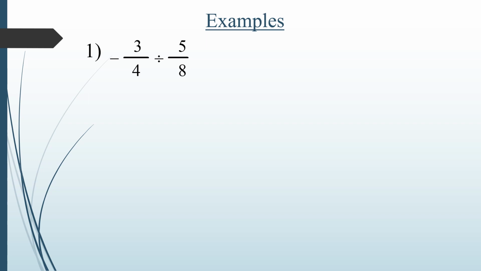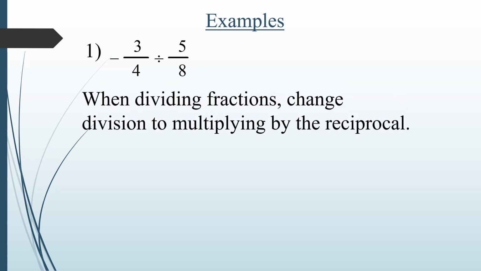Okay, let's have more examples. So negative 3/4 divided by 5/8. So again, kunin natin yung reciprocal nito. Then proceed to multiplication. When dividing fractions, change division to multiplying by the reciprocal. Babaguhin natin yung division, maging multiplication, and then kunin reciprocal ng pangalawang, yung divisor. Dividend divisor kasi siya. So, negative 3/4 times, 5/8 kanina, naging 8/5. Then proceed to multiplication.